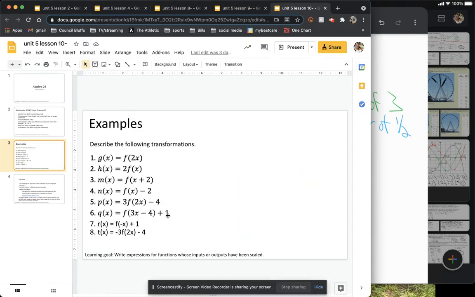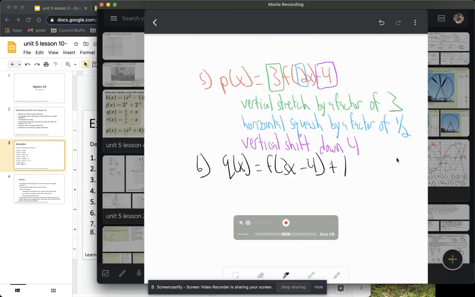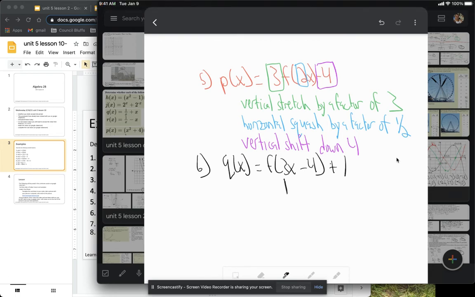Number 6 is f of x equals f of 3x minus 4 plus 1. So again, this one has 3 different transformations. I have the 3, I have the minus 4, and I have the plus 1.